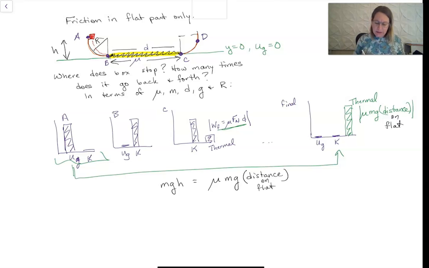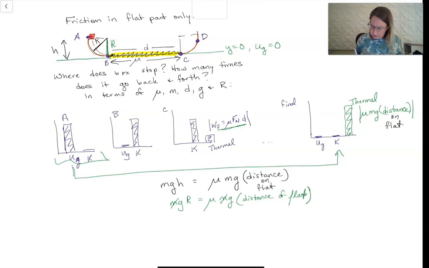And this height is just the radius of the circle, right? This is a distance r, so that means this is a distance r. So this is mgr equal to mu mg times the distance on flat.